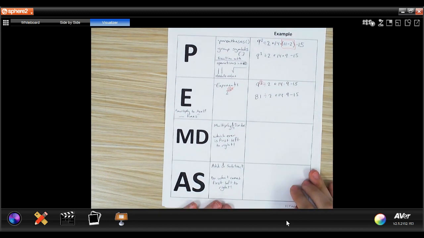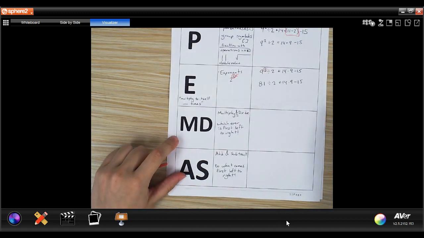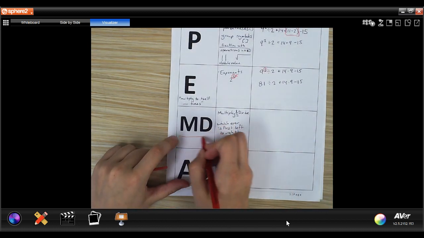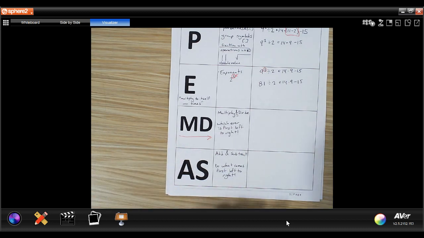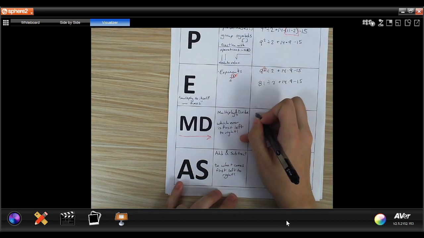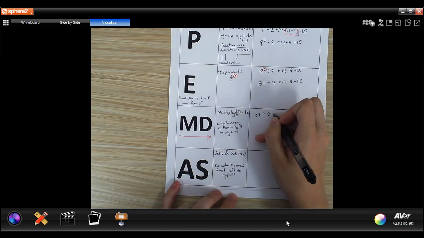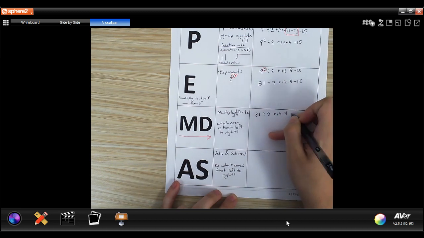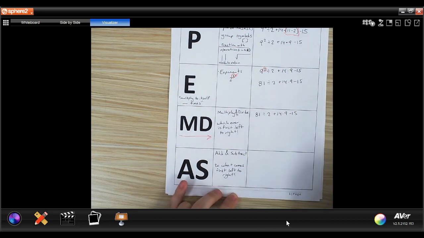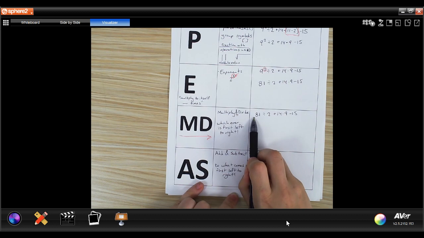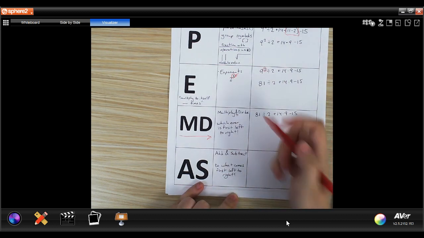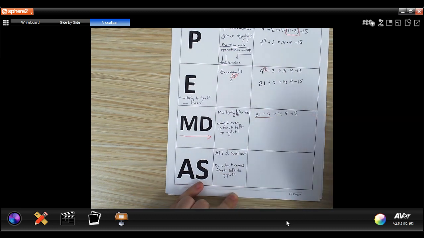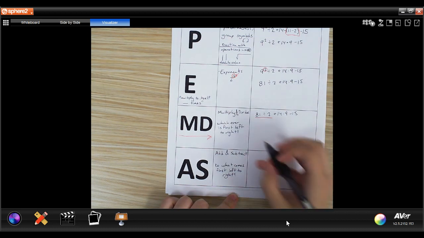The next one I need to do is multiply or divide. And remember, this is whichever comes first going from left to right. So I'm going to start at my 81, and I want to do whatever comes first, either multiplying or dividing. Does not matter which. 81, aha, I have a divide right here. So I need to divide 81 by 2.